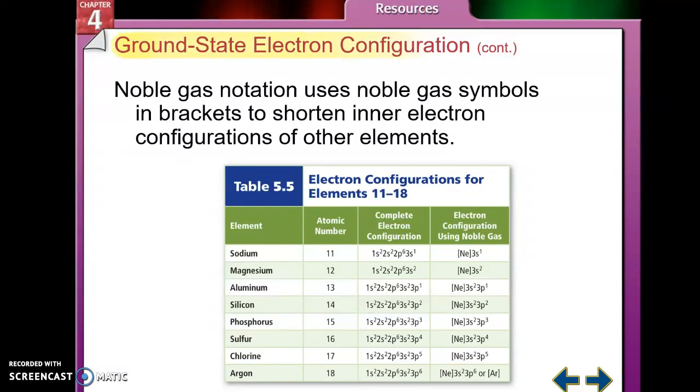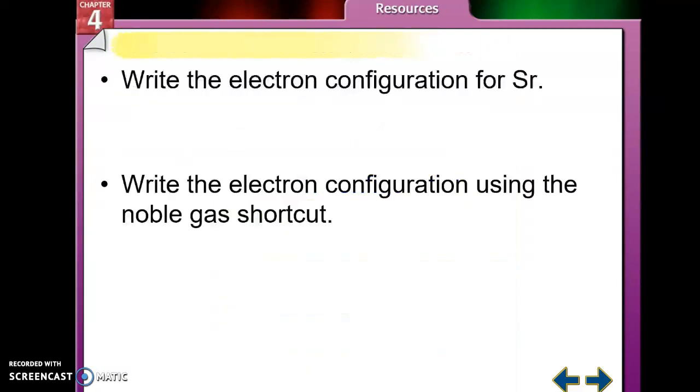So I can use those to shorten my electron configuration so I don't have to keep writing it over and over again. Remember yesterday we wrote strontium's electron configuration, and we're going to write it again. Strontium has 38 electrons.